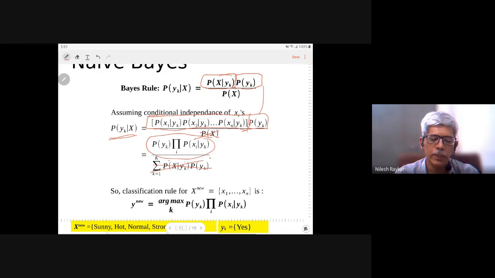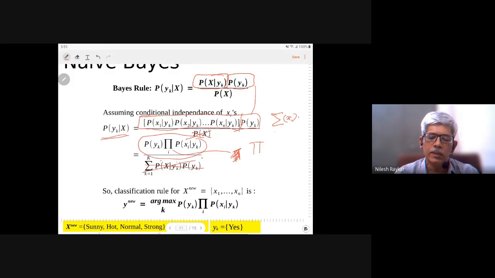So this term would be dropped, and the only determining term is the numerator. Here you will find this symbol, which is capital Pi. It is used for product notation, just like we use sigma for summation. So i equal to 1 to n of xi means x1 plus x2 plus up to xn.